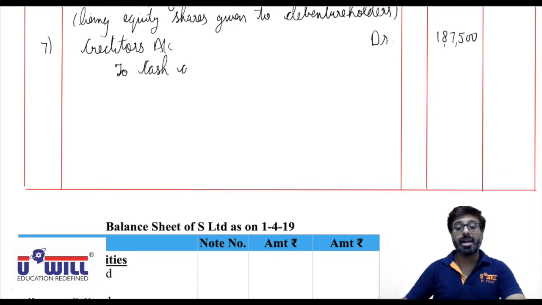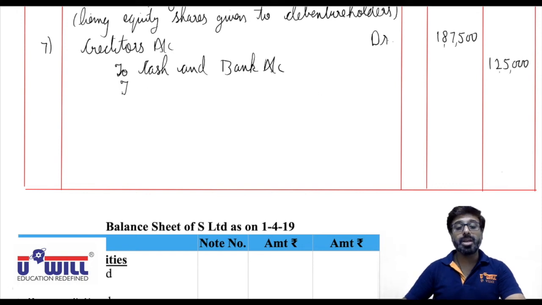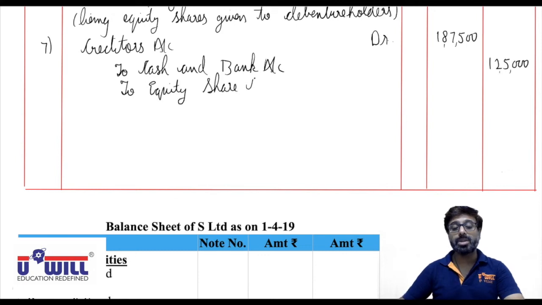To cash and bank account 1,25,000, to equity share capital account 62,500.